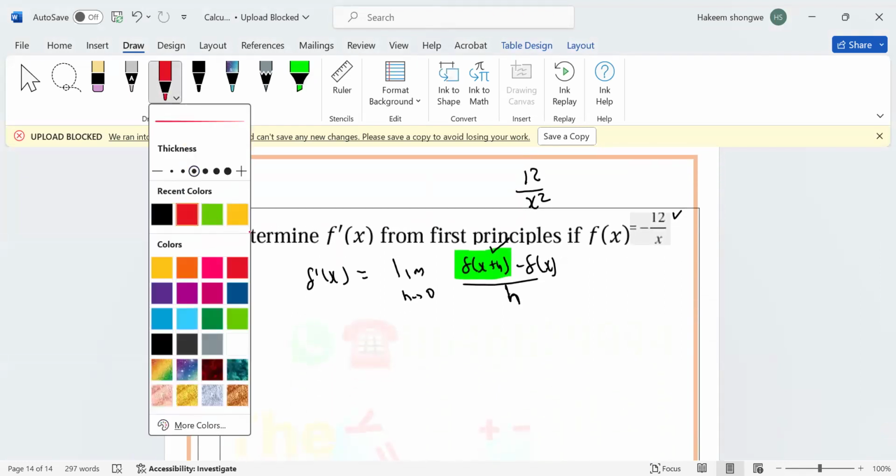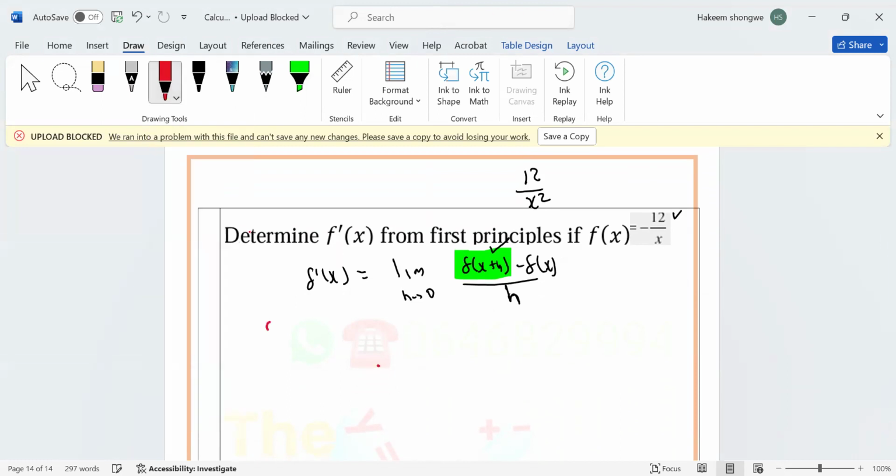You are going to get something like this. f of x plus h is given as minus 12 all over x plus h. Again, where I see x, I put x plus h. That's what I'm going to do first.